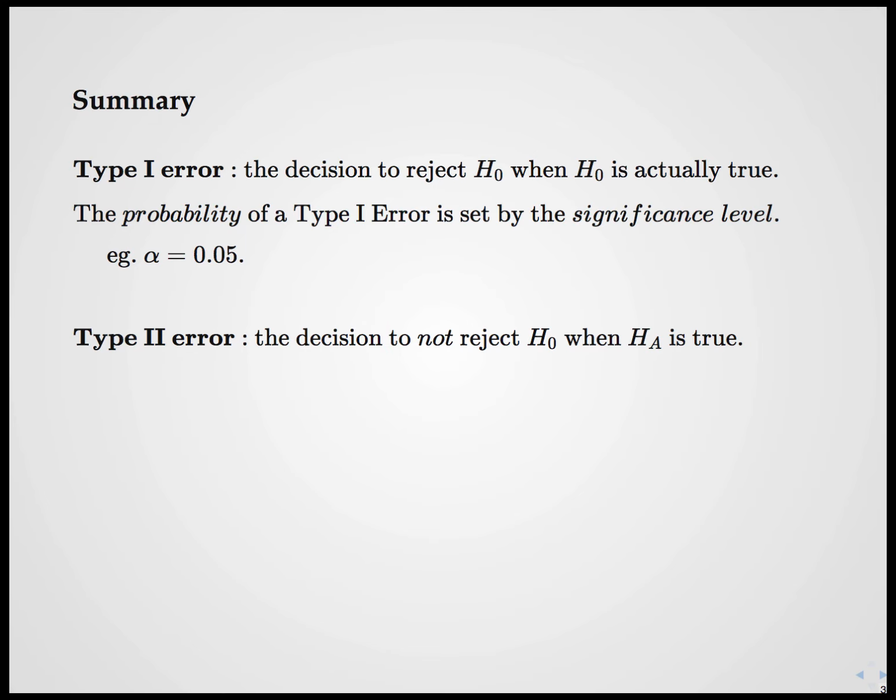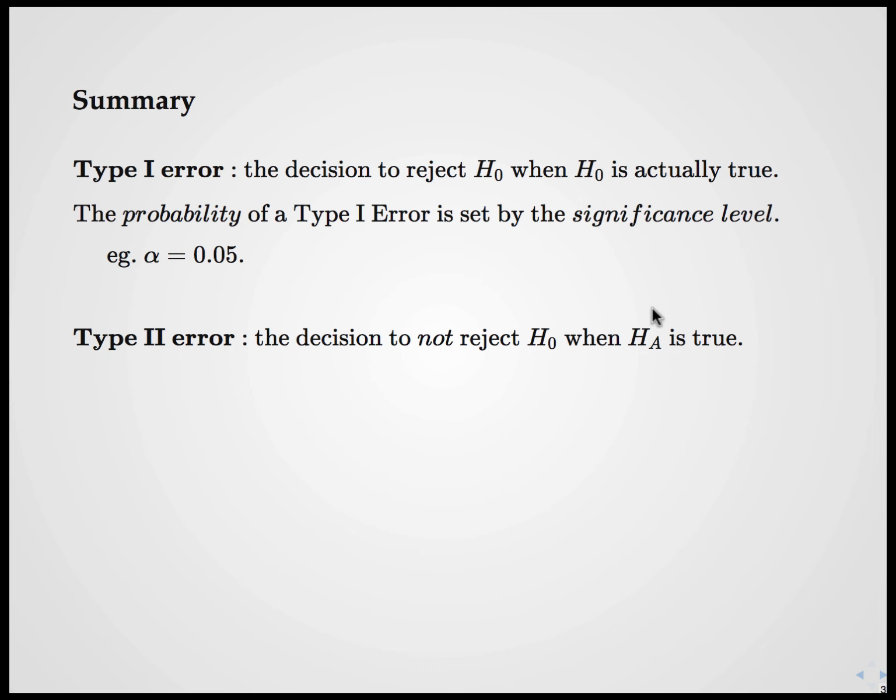Now, the definition of a type 2 error is the decision to not reject the null hypothesis when the alternative is true. So obviously that's the wrong decision. If the alternative is true, then the null hypothesis is false and should be rejected, but is not. That's the nature of a type 2 error.